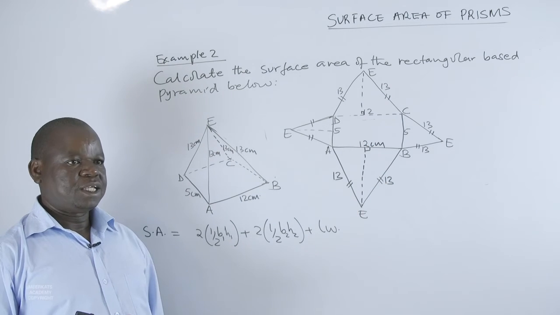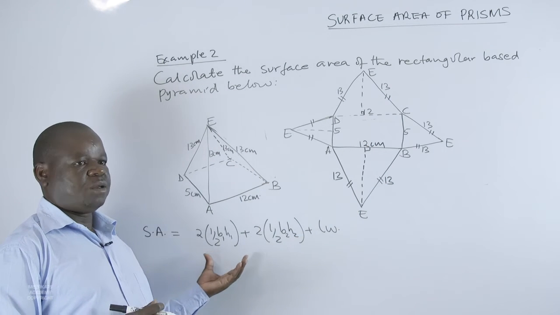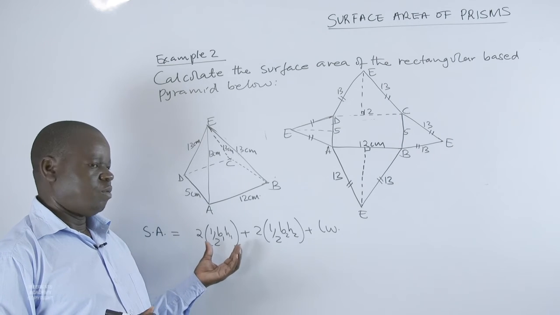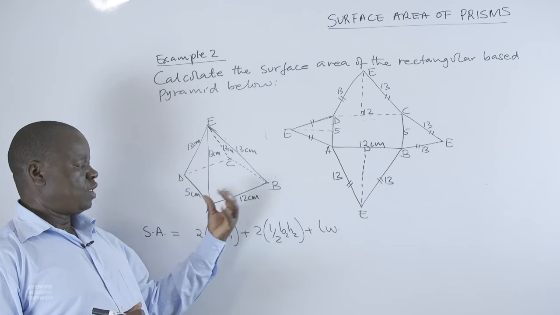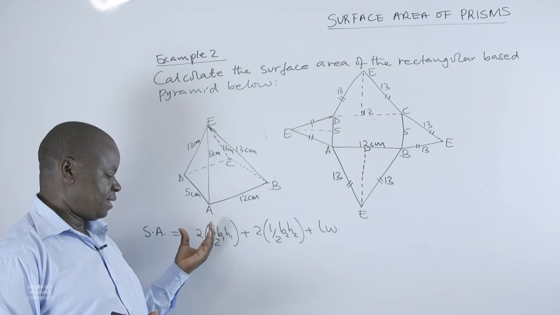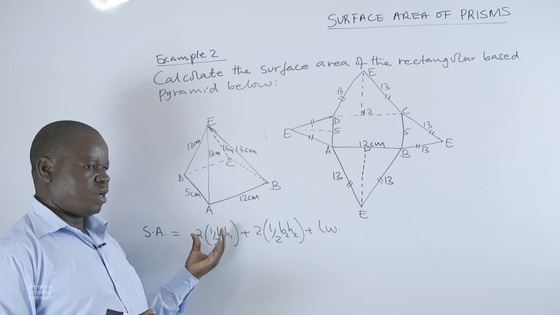But you remember that other than half base times height, we say there are other formulae for finding the area of triangles, but they are longer. So we are going to use the simpler formulae to calculate the area of the triangular face.